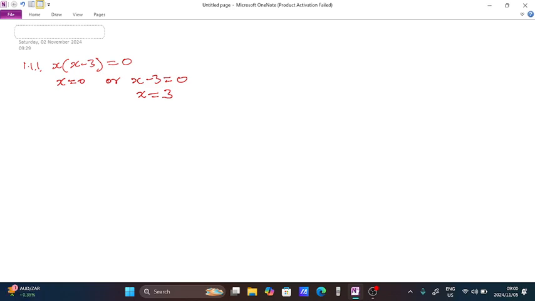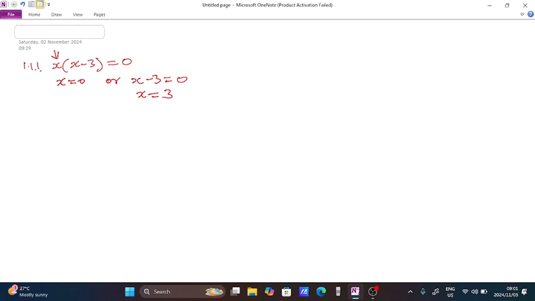Another thing is that if here is not 0, then the right hand side is not 0. It means the zero product will not apply again. We will not apply the zero product, because now we are saying if this x can be 0, and you say 0 multiplied by 0 minus 3, the answer will be 0 again.